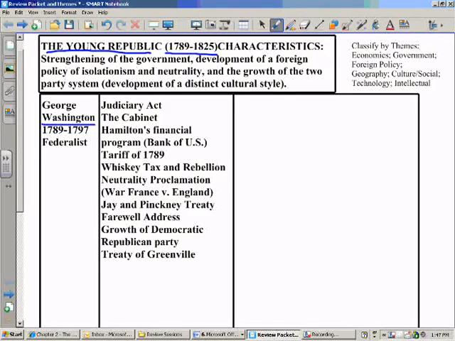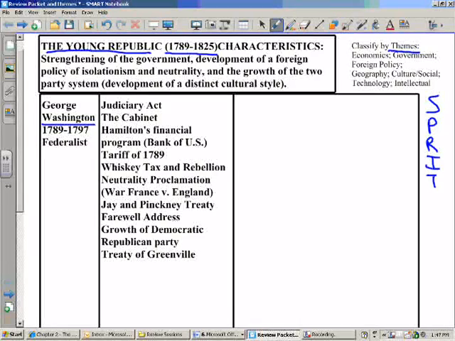As you start to review these materials, though, you can also notice that they can be classified by themes, whether that be economics, government, foreign policy, geography, culture or social, technology, intellectual.